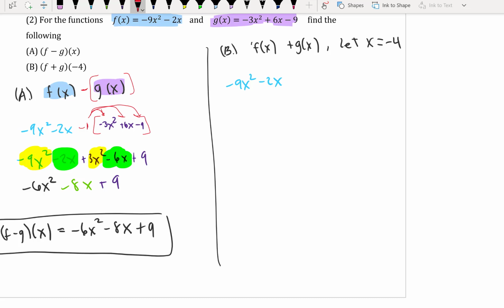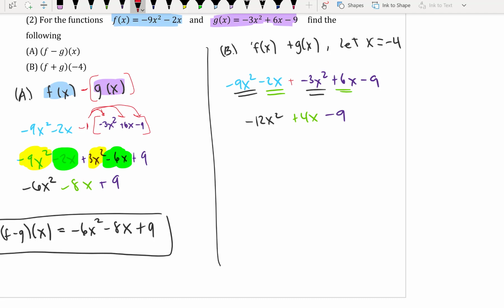It's being added to my purple function, my g of x, which is a negative 3x squared plus 6x minus 9. So when I add those together, my like terms here, negative 9 and negative 3, are going to give me a negative 12x squared. I also have negative 2 and a positive 6, so 6 minus 2 is going to give you a positive 4x, and you still have a negative 9.